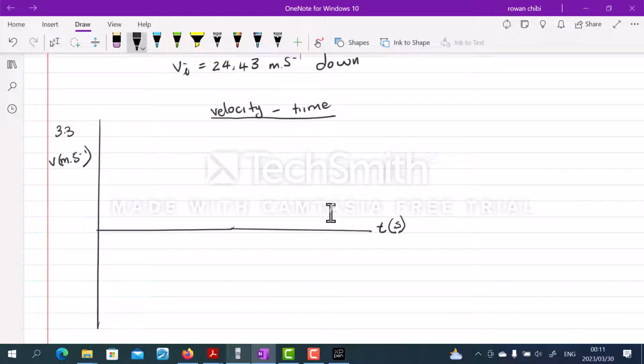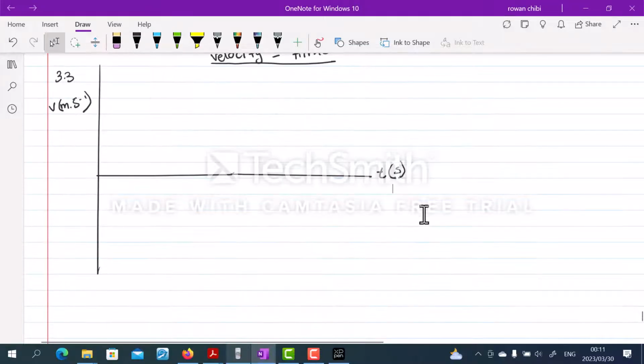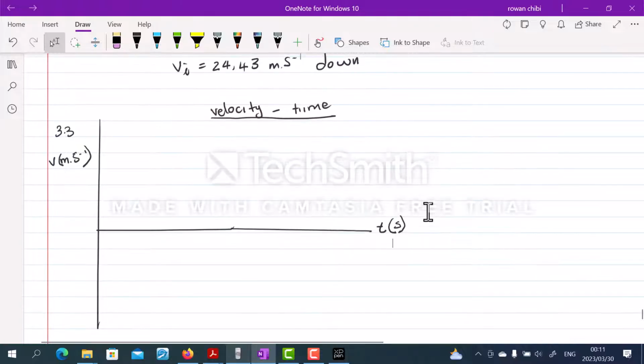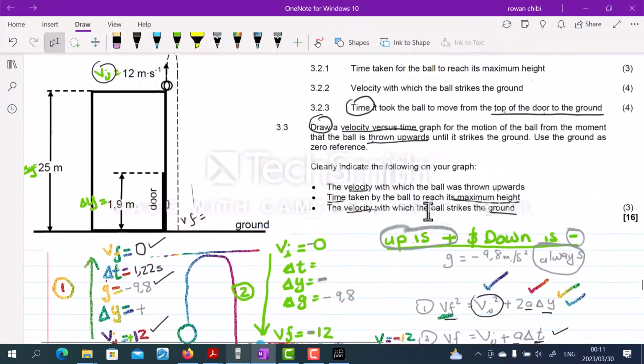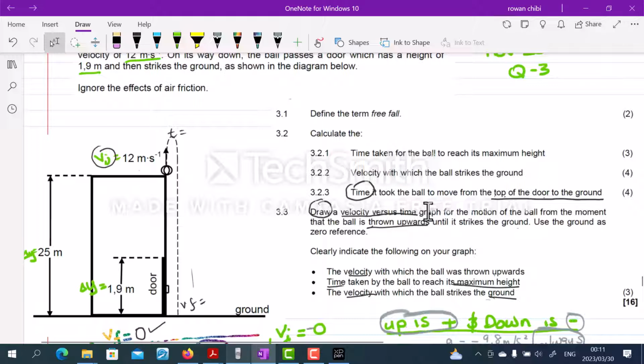These are the first things that you do, and then you need to get your coordinates, the y coordinate and the x coordinate. In other words, the velocity and the time. When the ball started to move at this point, what was the velocity and what was the time?